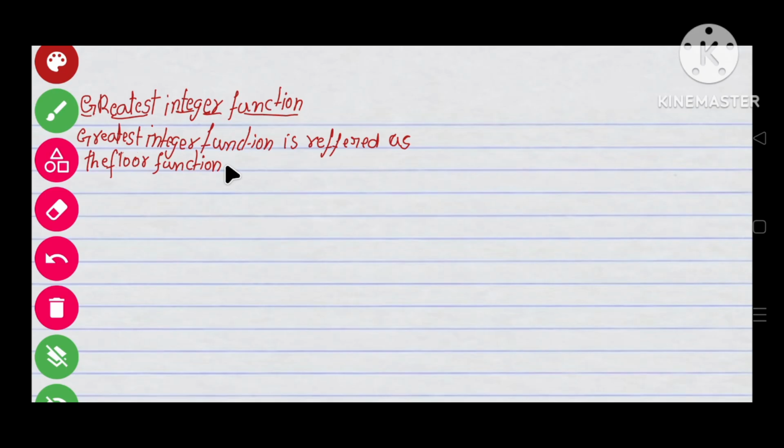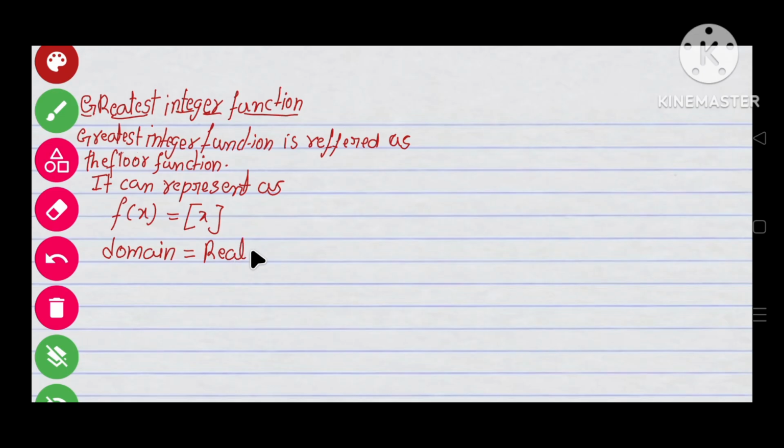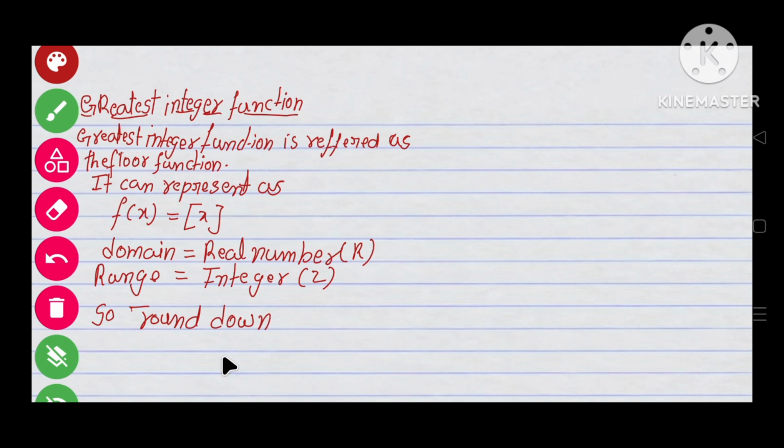It is represented as f of x equals step of x, floor of x, or the greatest integer part of x. The domain of the step function is the real numbers and the range is the integers. The function always rounds the input value down.